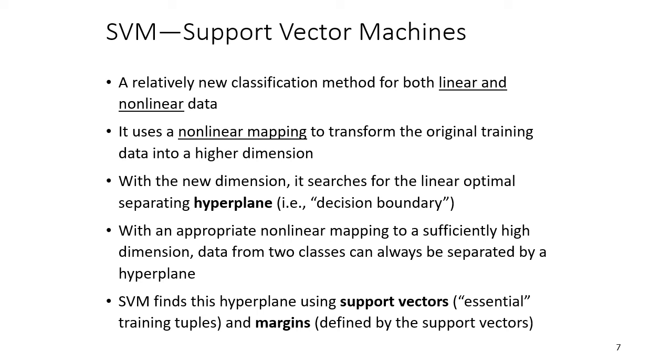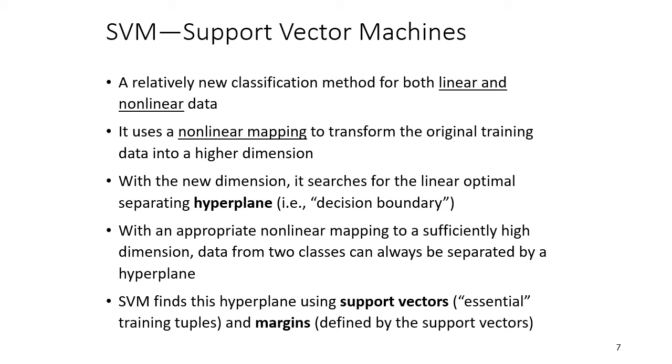The hyperplane basically classifies the data into two categories: on one side of the hyperplane there is one class, and the objects on the other side belong to the other class. So with an appropriate nonlinear mapping to a sufficiently high dimension, data from two classes can be separated via a hyperplane.